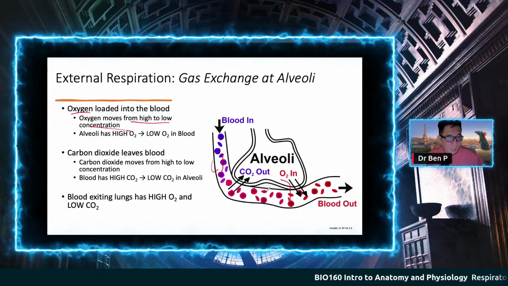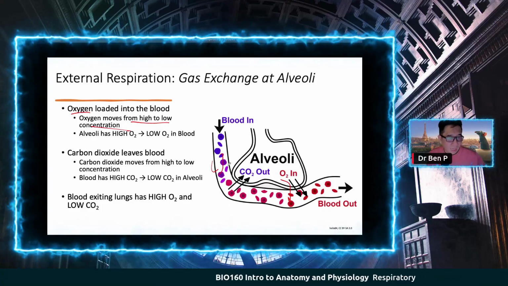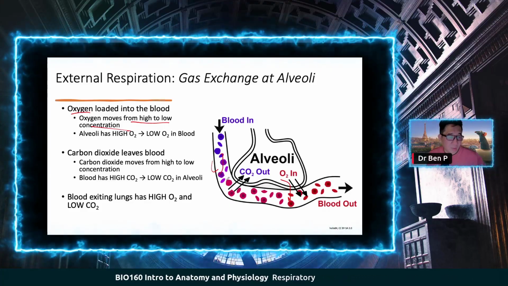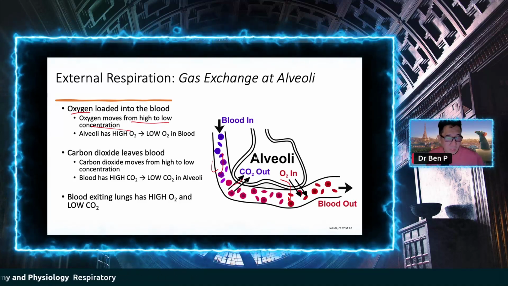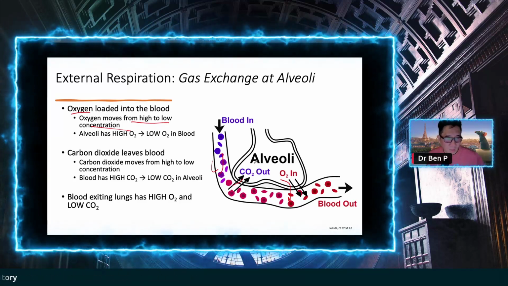Okay, and then the CO2 leaves the blood again. As it comes in, you have rich CO2. That means you have lots of CO2, and that CO2 wants to go out because you have low CO2 here in the alveoli.